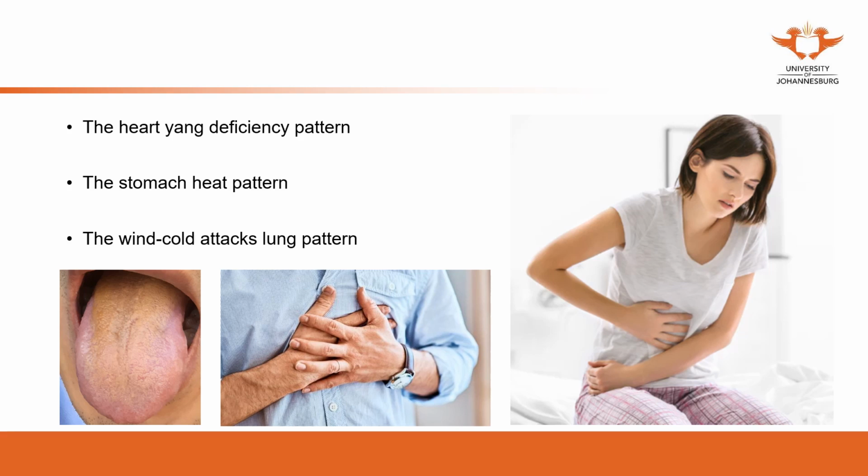When you see a lady holding the abdomen, you can think that the lady might have abdominal pain. The gentleman was holding the chest. He might suffer from chest pain. This is from the inspection, observation.